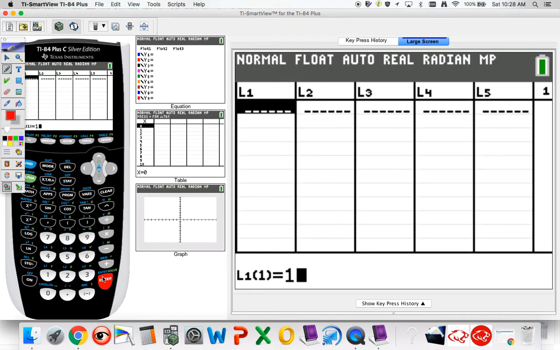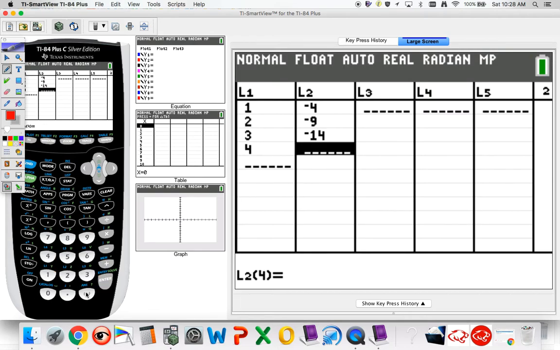So 1, 2, 3, and 4. And L2, what are those 4 numbers? So my 4 numbers are -4 and -9 and -14 and -19. Okay, so there are my 4 numbers.